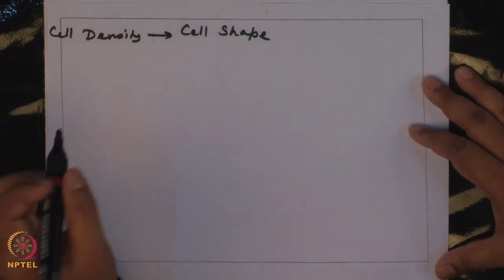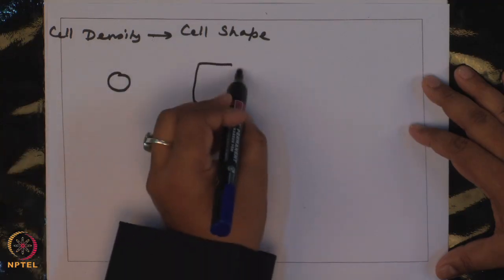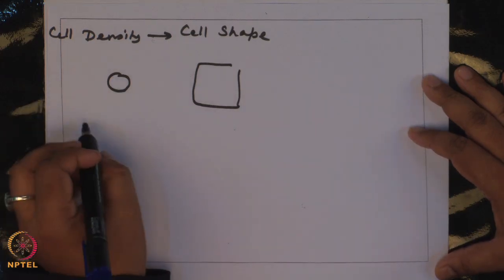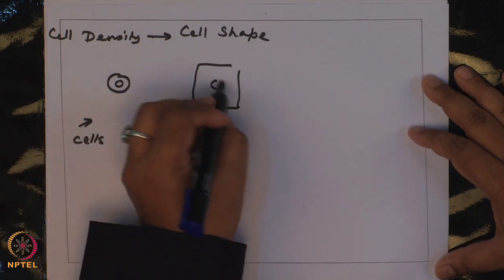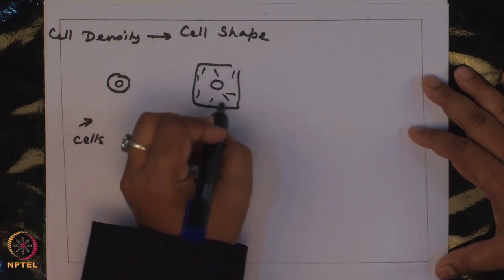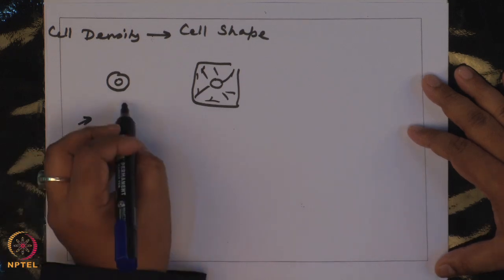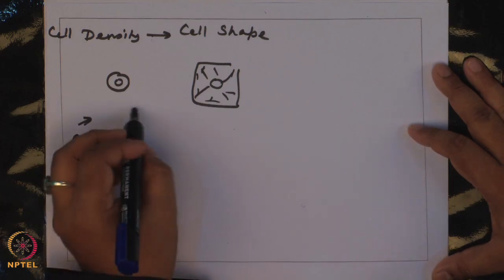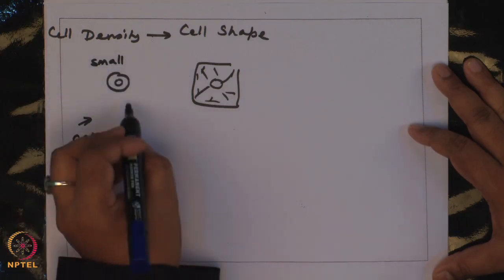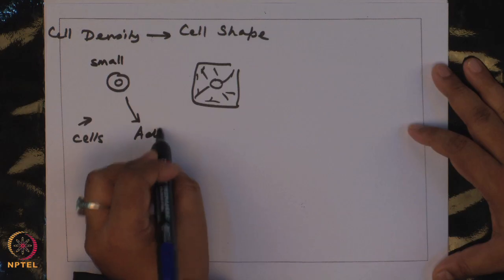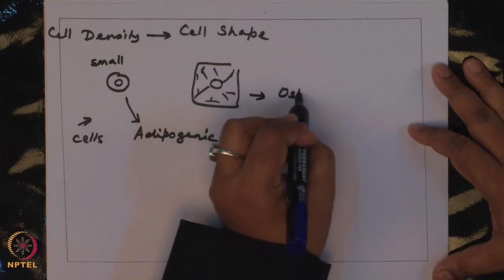To test this, the authors took patterns, either small or large, so that when you seed the cells, you would have a cell with well developed focal adhesions and stress fibers. And what they found was again consistent with their hypothesis. When the island size was small, you had adipogenic differentiation, and on the larger islands, osteogenic differentiation.